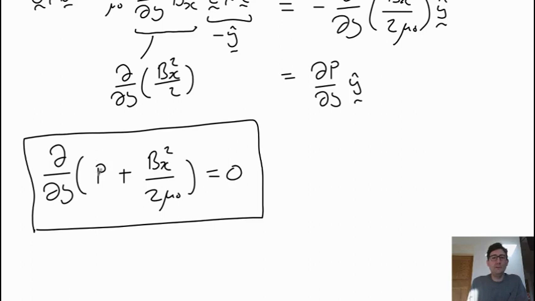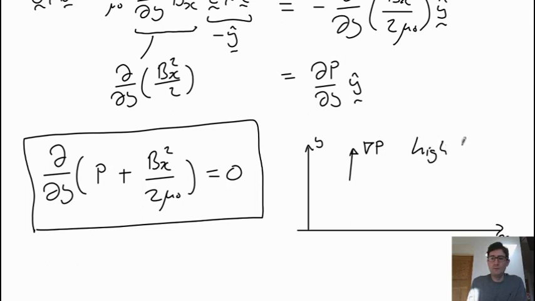So if P is increasing up the page, if I draw this diagram again, this is the x direction, that's the y. So grad P is up, so we have high pressure here, and we have low pressure underneath.